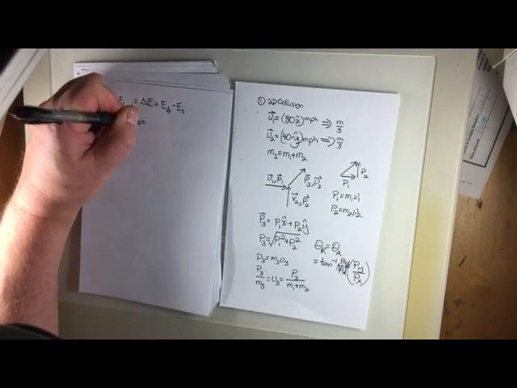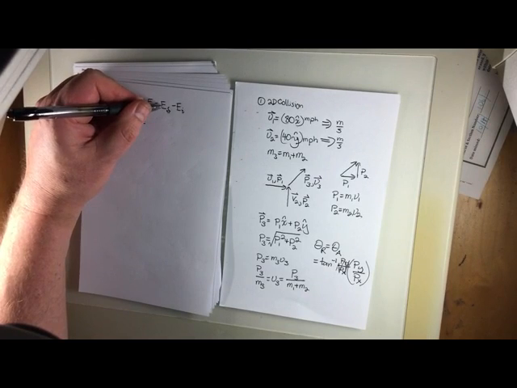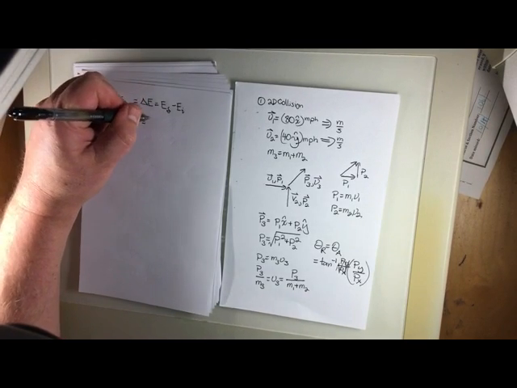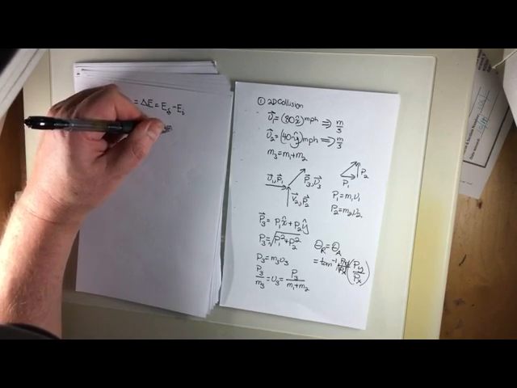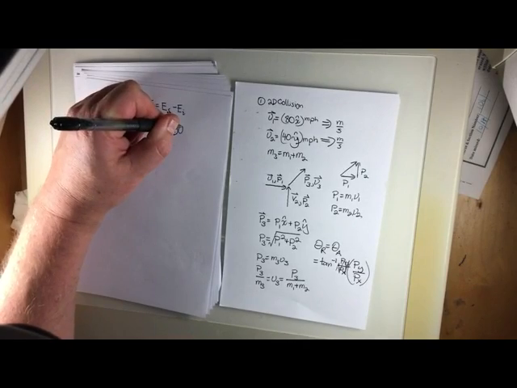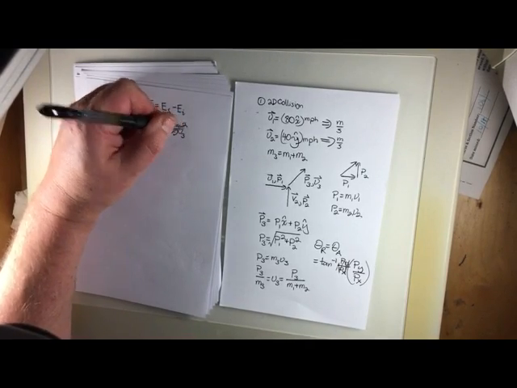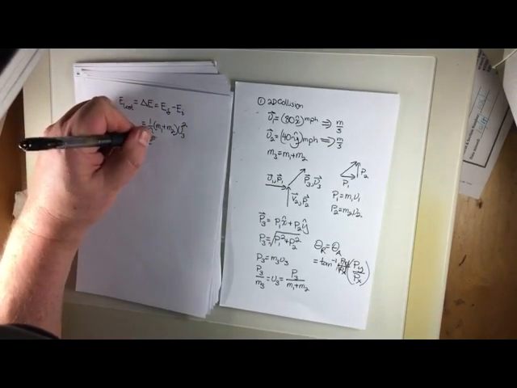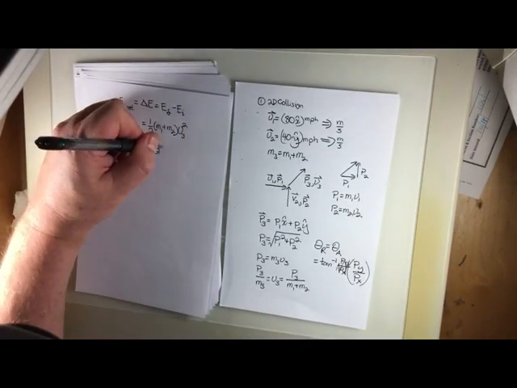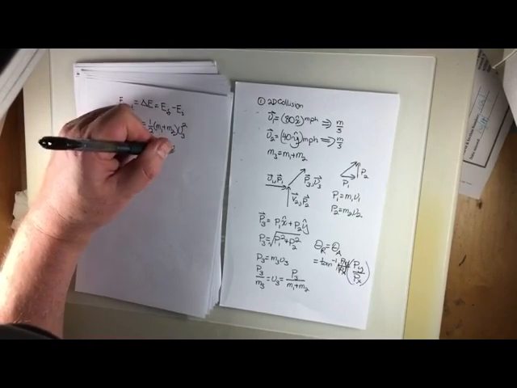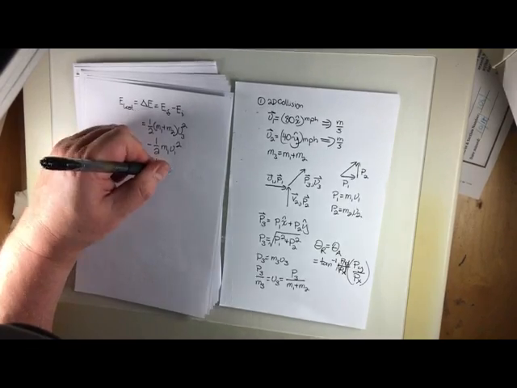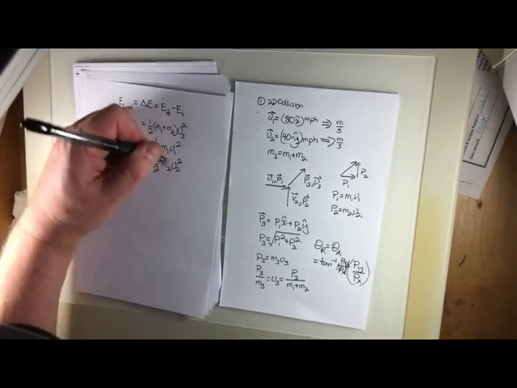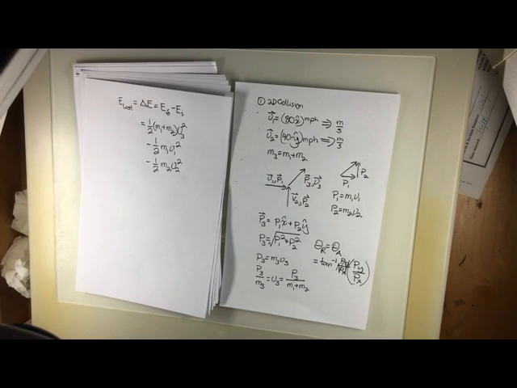The energy final is just the kinetic energy of the final object, 1/2 (m1 plus m2) v3 squared, minus the kinetic energies of each of the initial particles. And so that will be the difference in the energy, which is the energy lost.